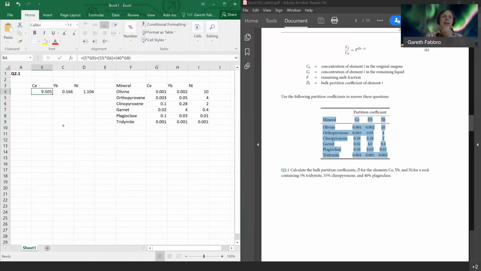That doesn't seem right to me, and so I go back and look at what I did and say, oh yeah, it should be proportions, not percentages, and then you change it.